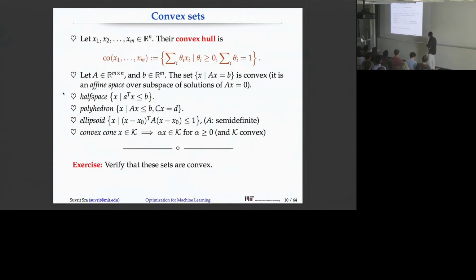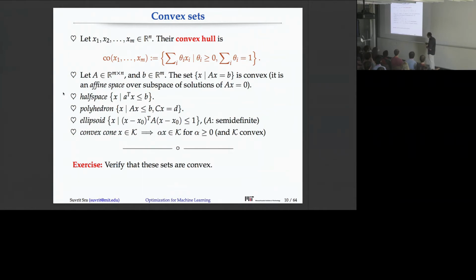So here is an exercise for you. If you haven't done this exercise before, for many of you this may be trivial, but for those of you who haven't dealt with this concept previously, it's a valuable exercise to try. I claim these types of sets are convex, most importantly the half space. In linear algebra you would start maybe with a half plane. A half space is just one side of the half plane. That's a convex set.